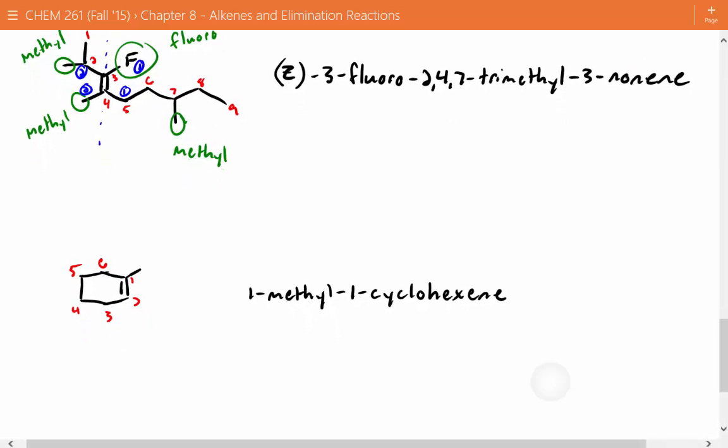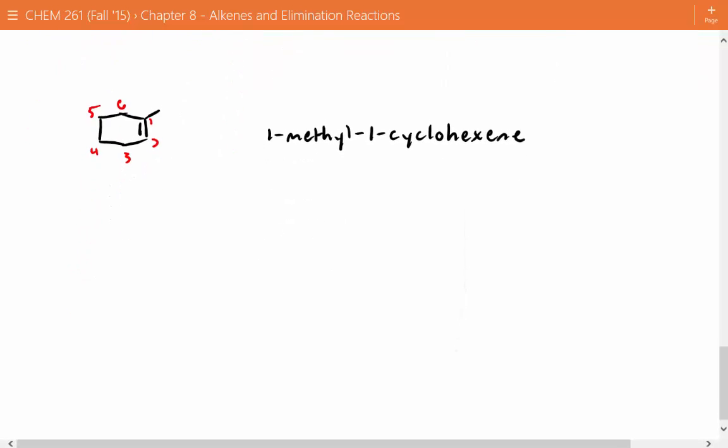This is a cyclohexene, not a cyclohexanol, like we saw in lab. What if your double bond is a substituent? You always want it to be included in the parent chain. If you get into really complicated naming systems, there's a whole list of rules. We're going to stick with really basic naming, and you want that double bond to be in the parent ring.